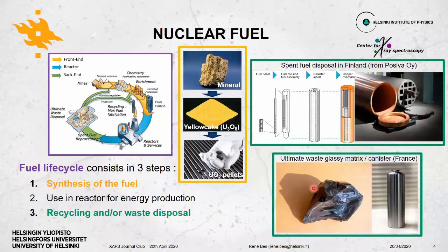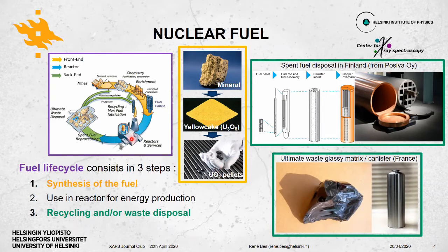If you speak about nuclear fuel, you need to speak about the fuel's life cycle, and it's really easy to understand. First, you need uranium, of course. You take it from minerals and extract it chemically in order to obtain uranium oxide, U3O8, the so-called yellow cake. And then you make the UO2 pellets you can use in a reactor to produce energy.